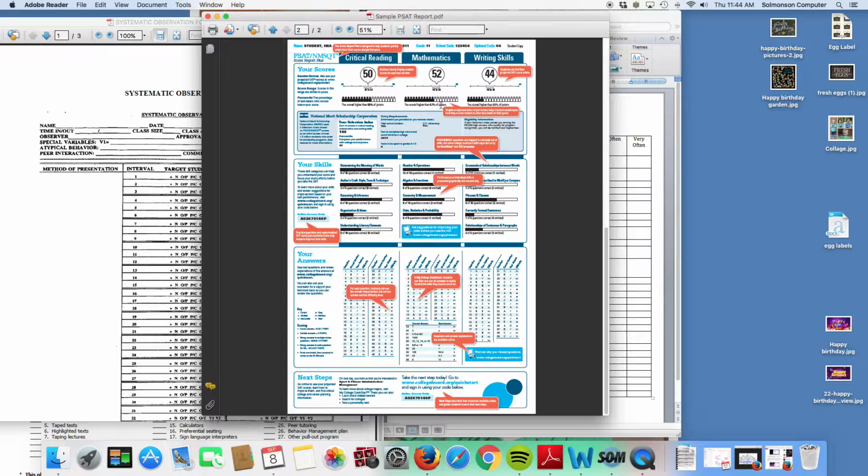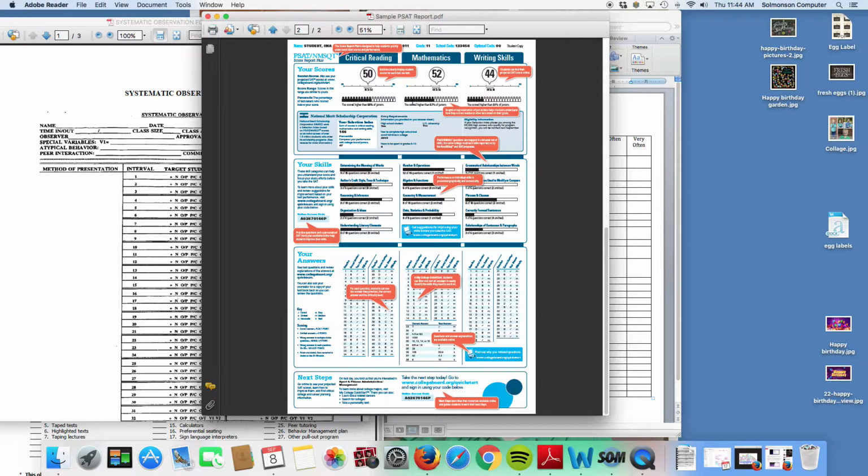On math, it's a little bit higher than reading, but not terribly. It's the 57th percentile. So again, if they're in regular level classes, then this is probably an appropriate placement. In writing, this got a 44, and this is in the 33rd percentile. So this is an area to focus on for improvement.